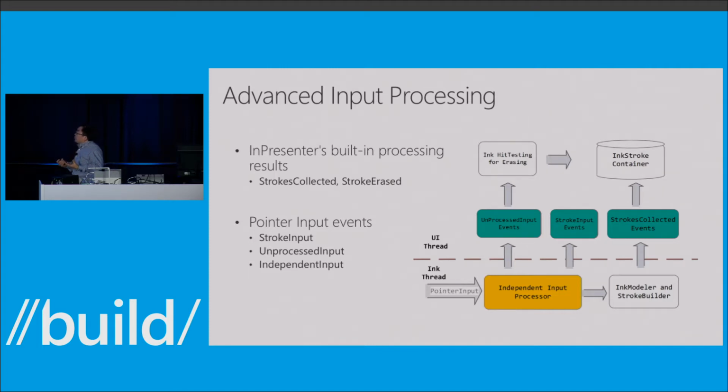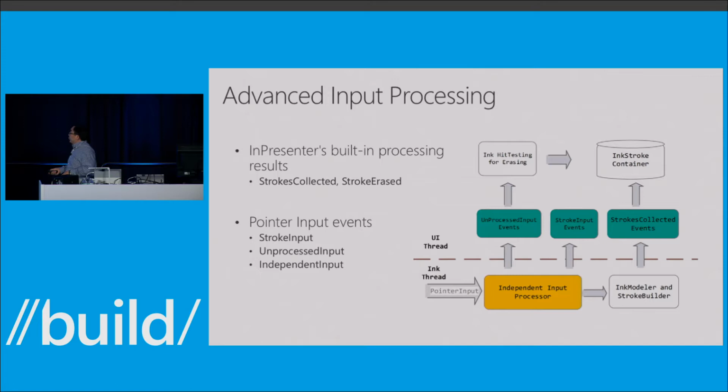We haven't shown you the code, but when we do built-in erasing, we also raise the stroke erase event. So basically, when ink presenter does some default processing, we raise some event so that you know something happened.